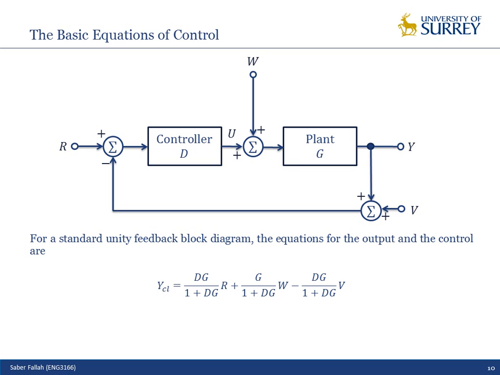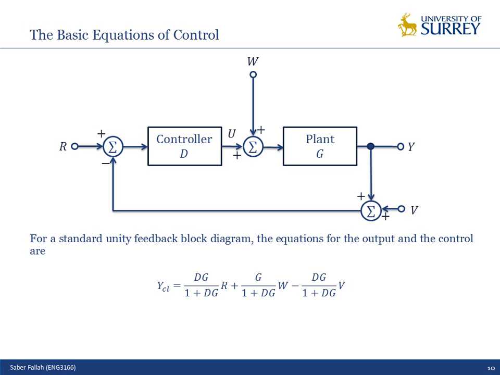Now we are looking for V. Put W and R equal to 0. From V to Y, what do you have in the feed-forward path? DG, and you have a minus here as well. Minus DG.